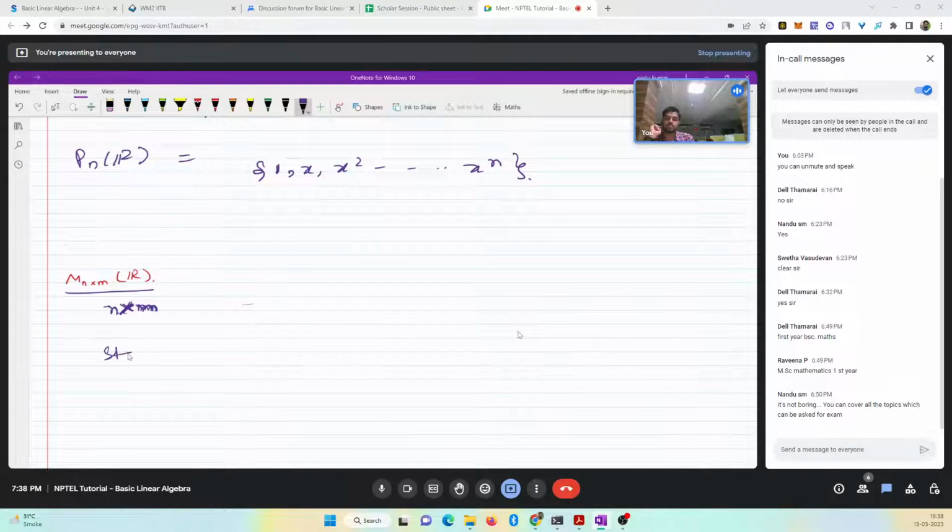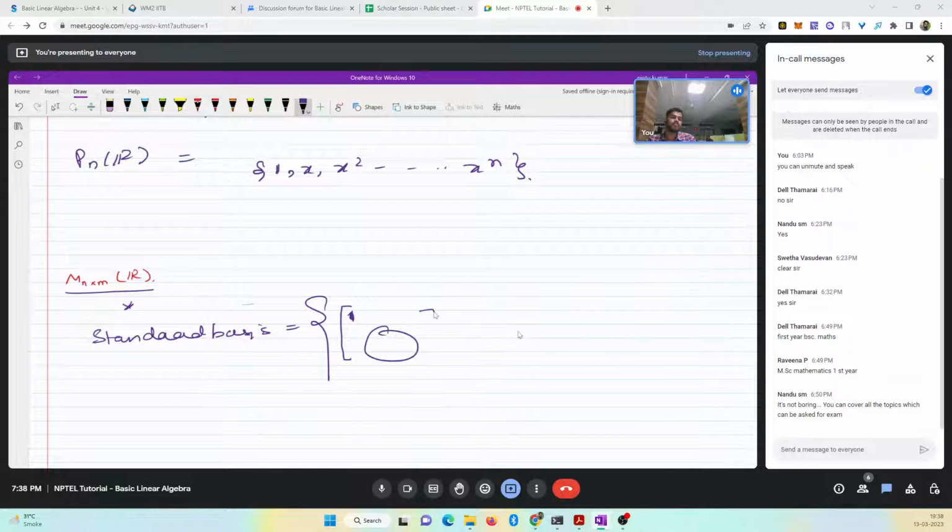A standard basis would look something like this, where the elements of your basis are matrices. In the first matrix, you have 1 at the first position and 0 everywhere else.